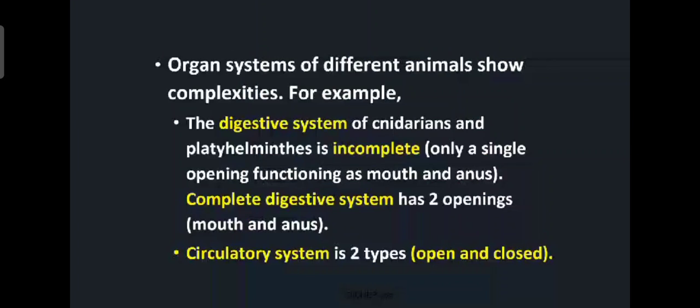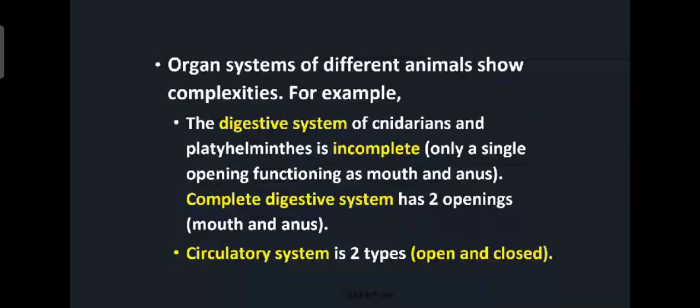These organ systems show complexities in different animals. For example, the digestive system. Digestive system is of 2 types: incomplete digestive system and complete digestive system. Incomplete means only a single opening functioning as mouth and anus. Only one opening is there in that animal, which serves as the mouth as well as the anus.